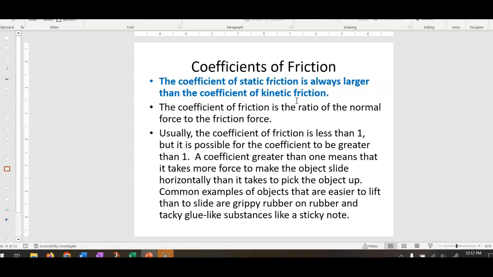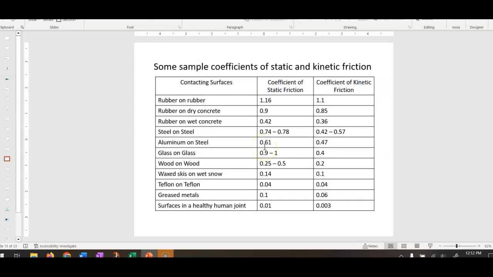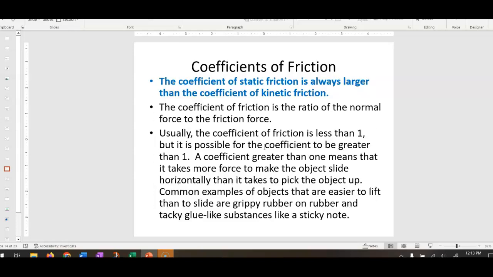So almost always the coefficients of friction are less than 1, but it is occasionally possible to have something greater than 1. Like in this table, the first row says rubber on rubber, and there's something a little bit bigger than 1: 1.16 for static, 1.1 for kinetic.